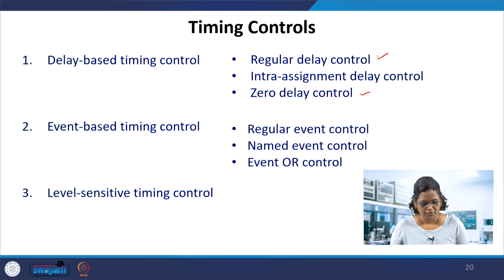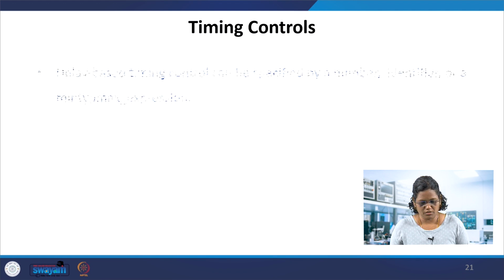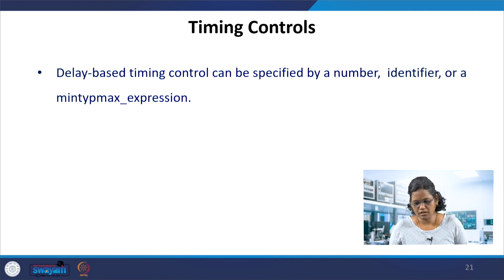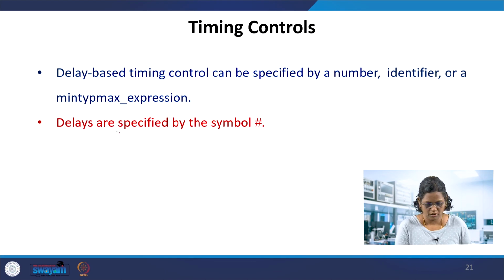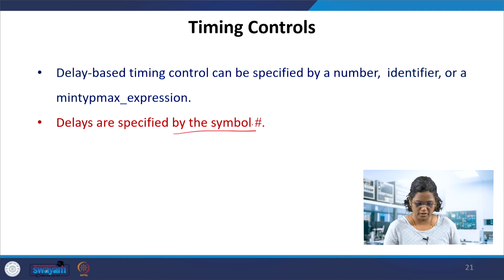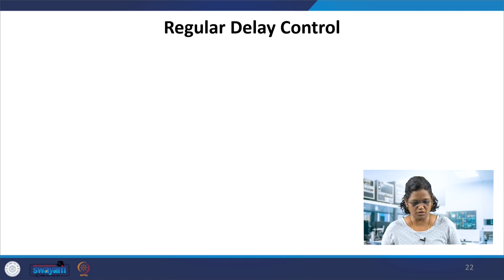Coming to the delay based control, it can be specified with a number, an identifier, an expression, or a min-max type expression. Delays are specified with the hash symbol. Following the hash, it can be a number, some logical expression, or a min-max type expression.